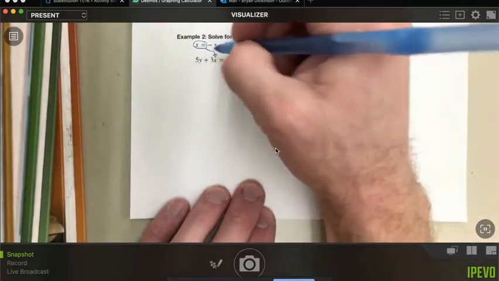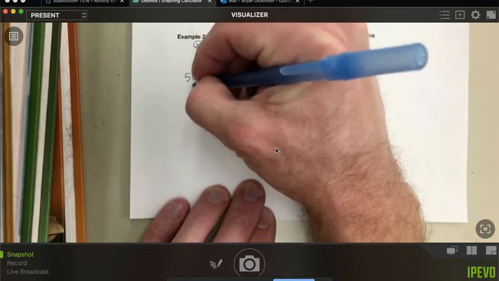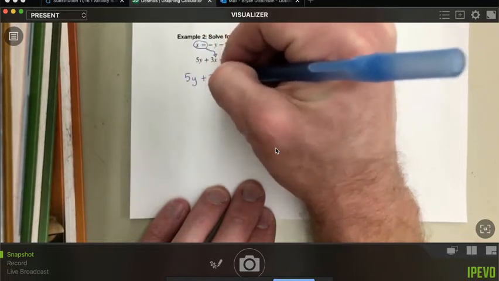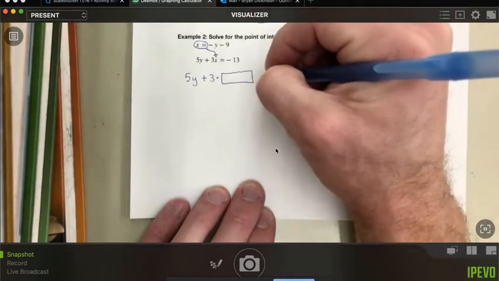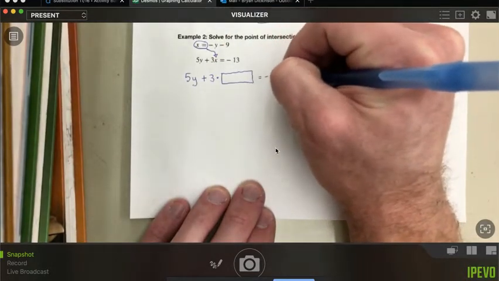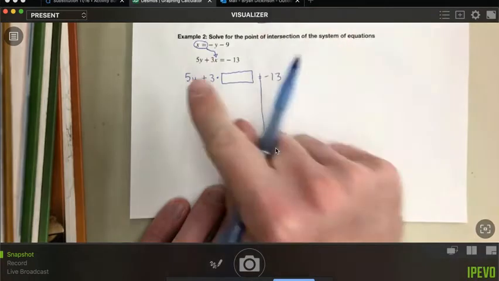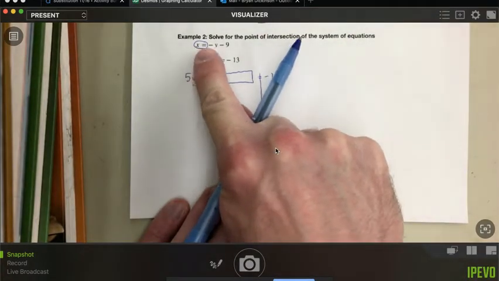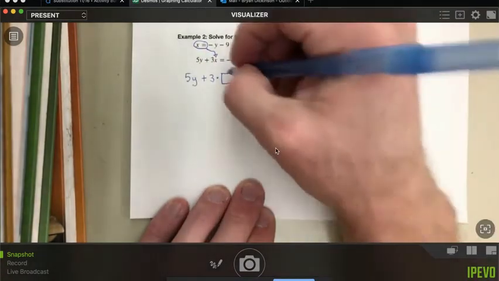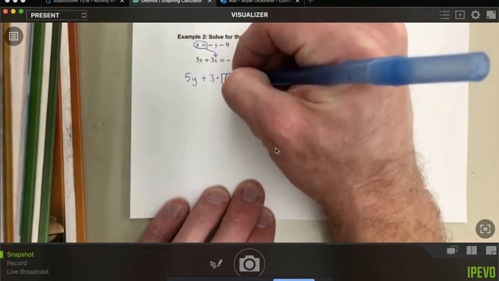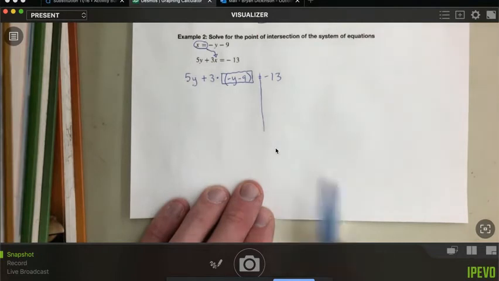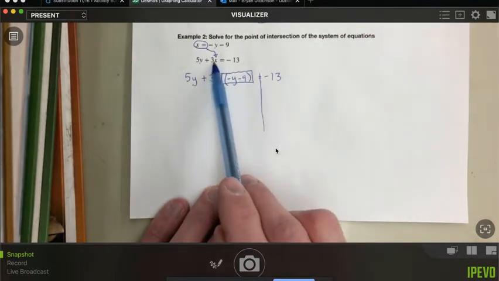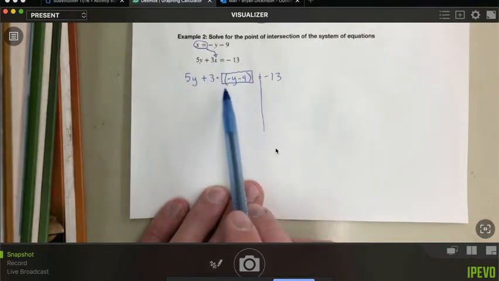So in other words, we're going to have 5y plus 3 times, once again, I'm going to create my rectangle, because instead of x, since x is equal to negative y minus 9, in parentheses here, I'm going to put negative y minus 9. So instead of the 3 times x that was there, it's now being replaced with 3 times negative y minus 9.